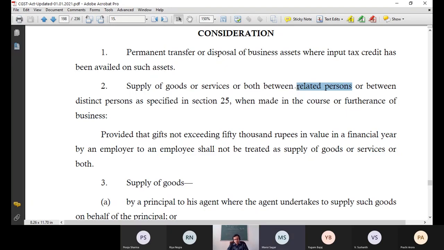So from Income Tax Act. No. Anyone who can throw some light that from where I should check the definition, or from where I will find the meaning of these two words, related persons, because act says supply of goods or services or both between related persons.